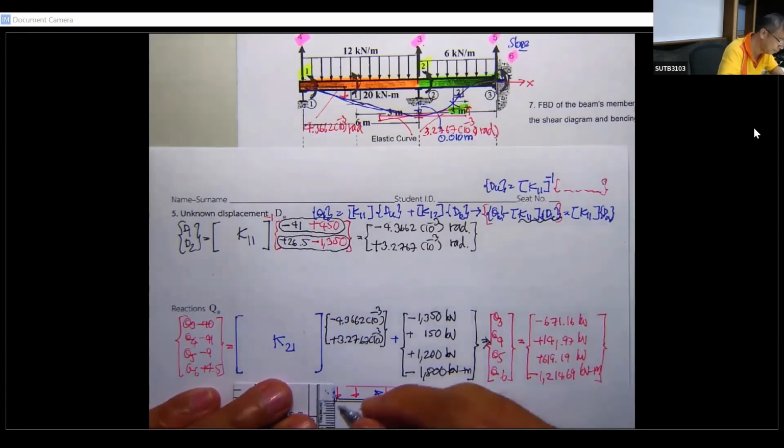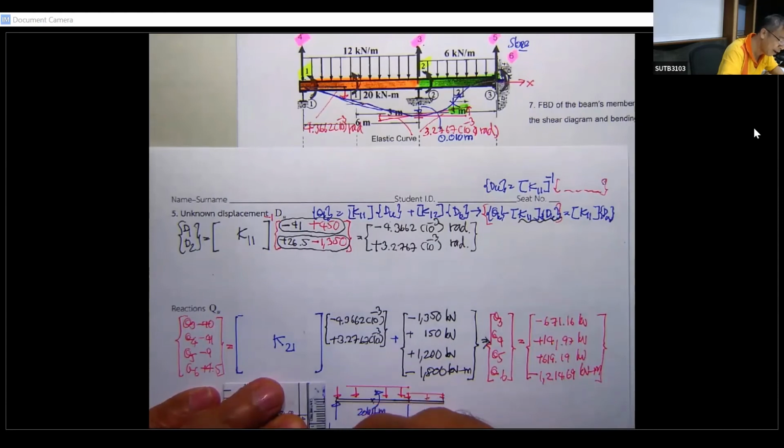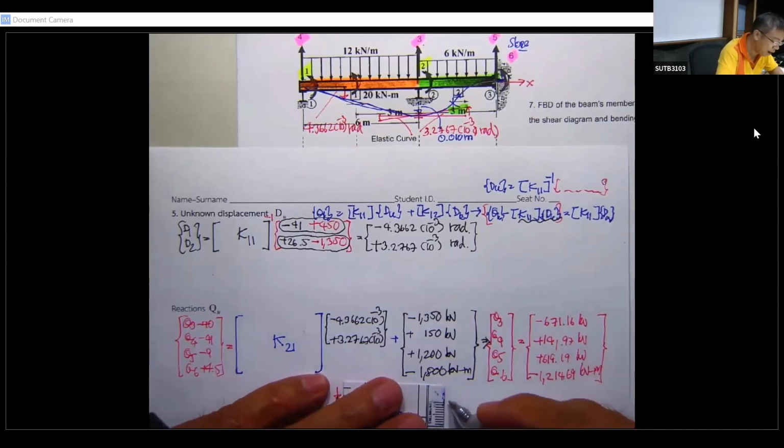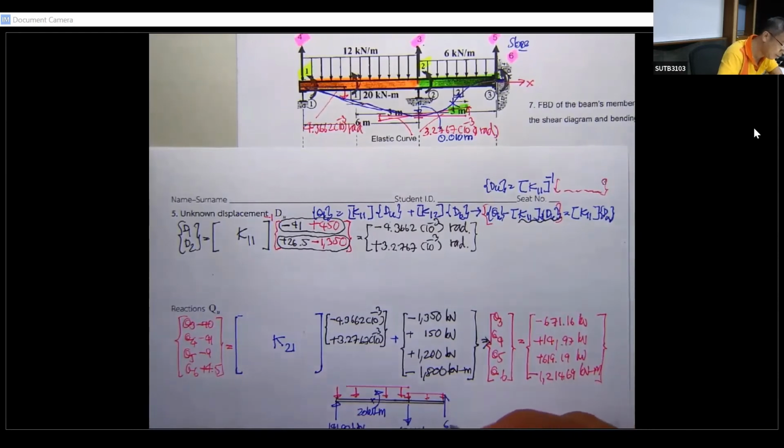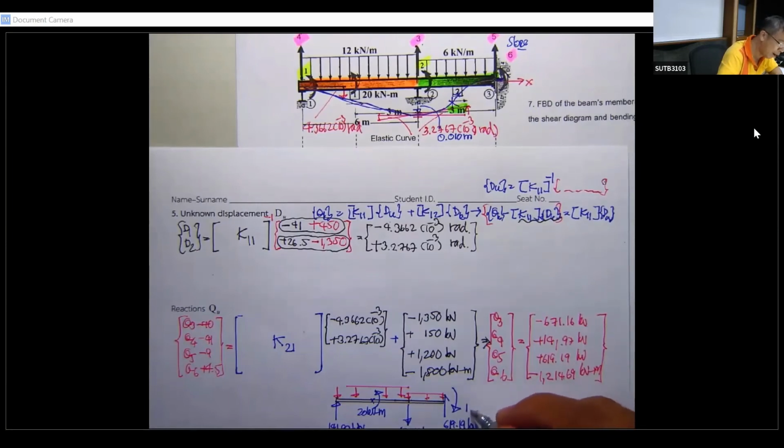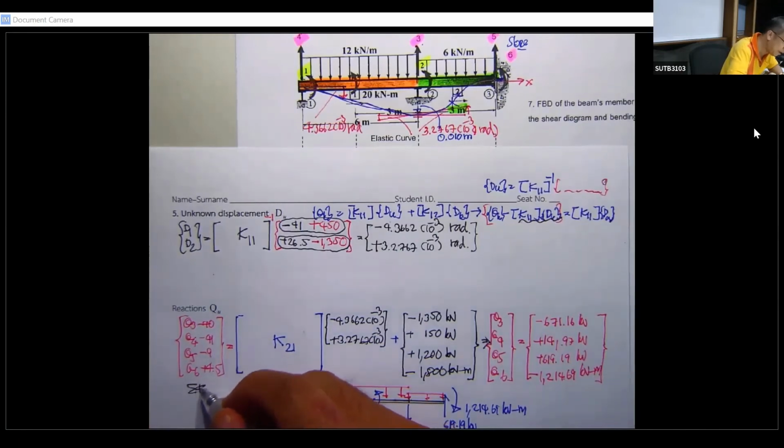Q4 is over here, positive, this one 141.97 kilonewton, and then this one 619.19 kilonewton, and this one is going to be in the reverse. So this one is going to be in this way, 1,214.69 kilonewton meter.